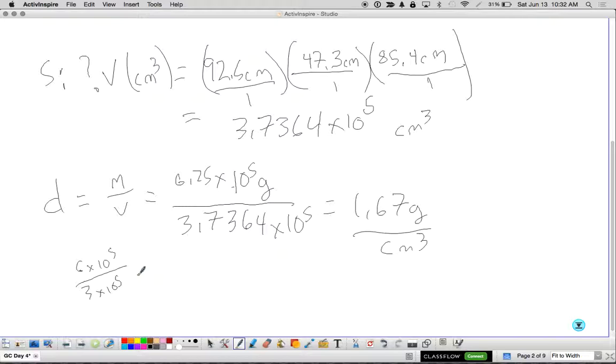And again, I would probably do this in my head, but 6 divided by 3 is 2, and 10 to the 5th divided by 10 to the 5th is 10 to the 0, which means really I need about 2. So about 2 grams per centimeter cubed, which is what I'm looking for. All right, perfect.